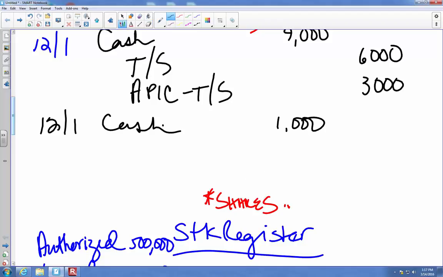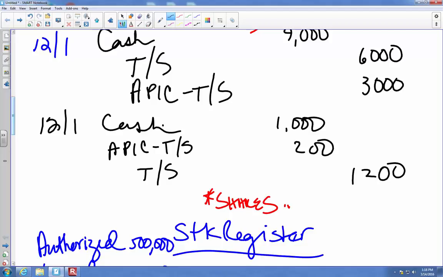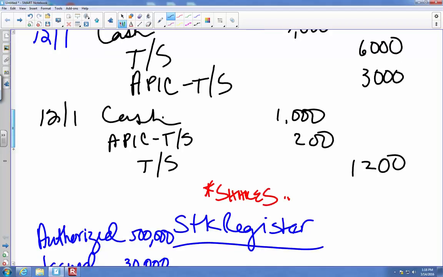Always the $6, right? Because that was the original purchase price. So what's my challenge here? What if I didn't have anything in APIC treasury stock? Retained earnings. Okay, now good.